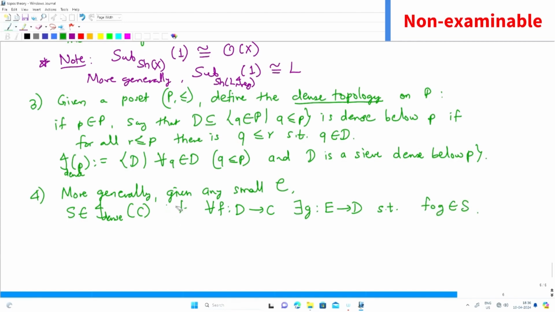I'm writing if and only if, but I should write it as a definition. This is the definition of J dense on any category C.